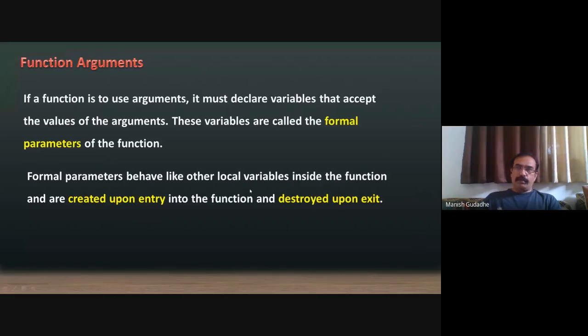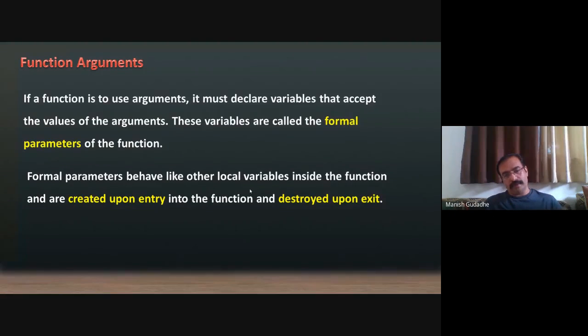Now we'll proceed further with function arguments, or function parameters. If a function is to use some arguments, it must declare variables that accept the values of the arguments. That means we have some variables which hold the value in the calling function, and we have other variables in the function which collect those values.